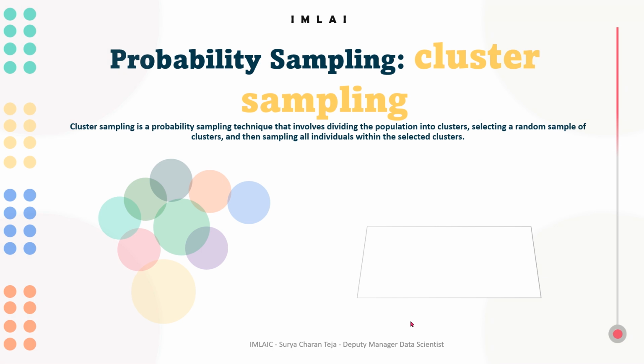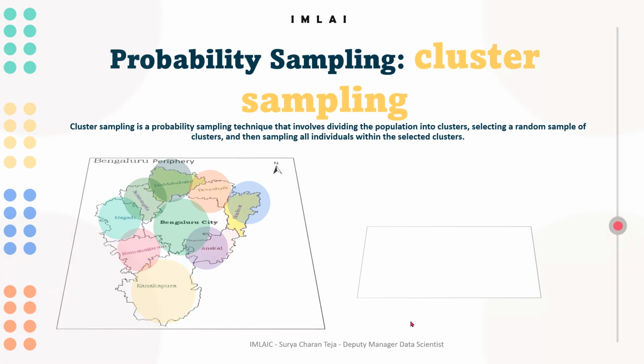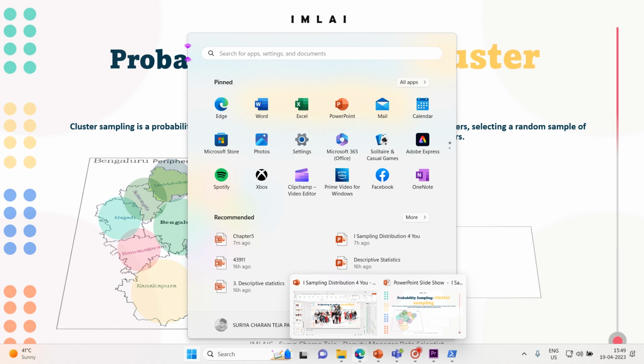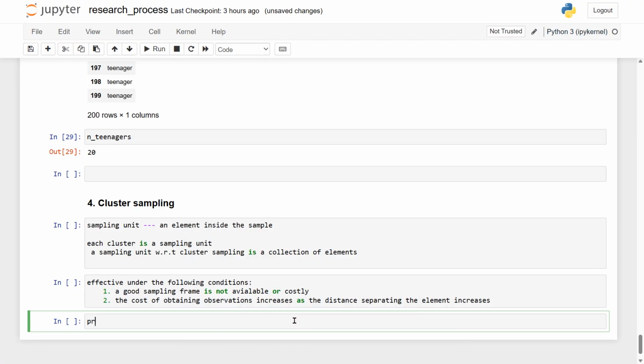So now let's take a quick example to understand this better. Here let's select Bengaluru. This is the Bengaluru periphery. Suppose we want to estimate, our target, the problem statement, is to estimate the average income of households in a city.